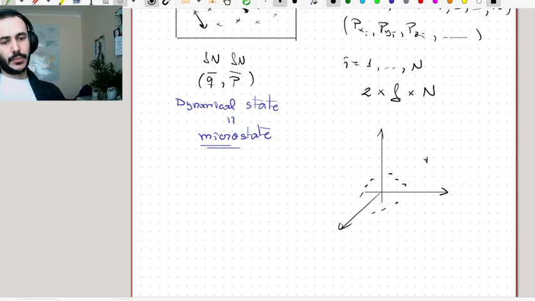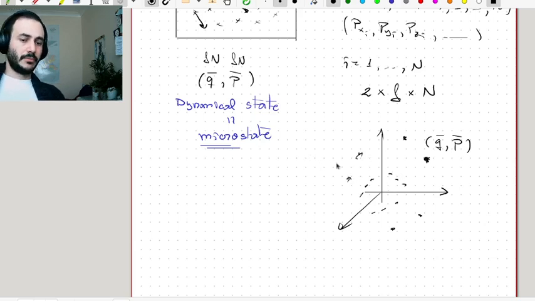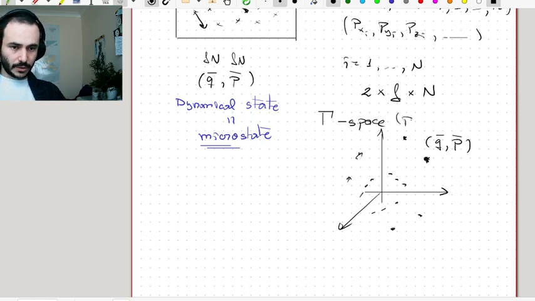And any point in this hyperspace is going to be given by a certain set of coordinates and a certain set of generalized momenta. So a single point in this space fully characterizes the dynamical state or microstate of the system. And such a space or representation is what we're going to call the gamma space, or phase space. So that's the terminology there.